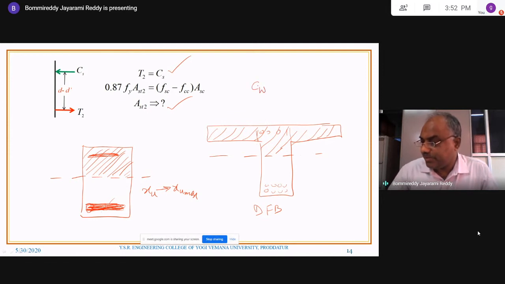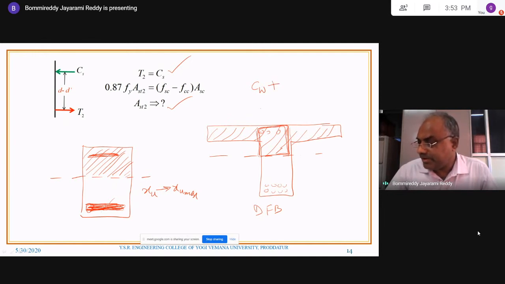Compressive force by the web. By web means this particular area, because this is the same as that of the singly reinforced balanced section. Earlier we called it CC, compressive resistance of concrete. Now we are calling it CW, the same magnitude, everything the same, CW, compressive resistance of the web.